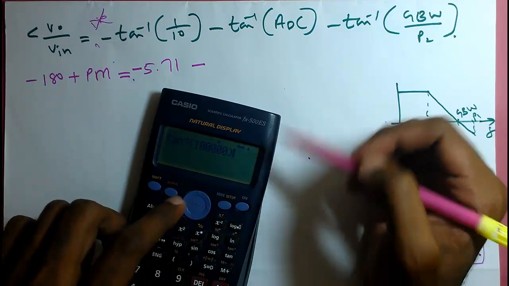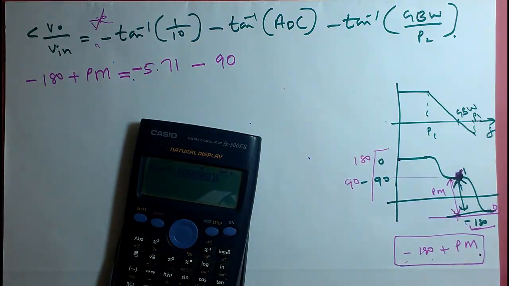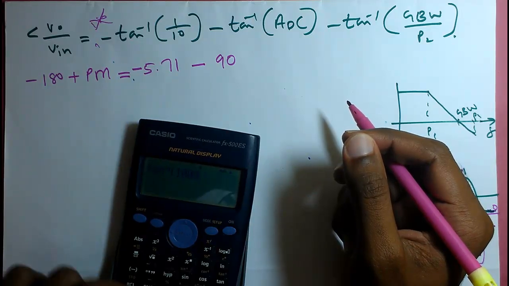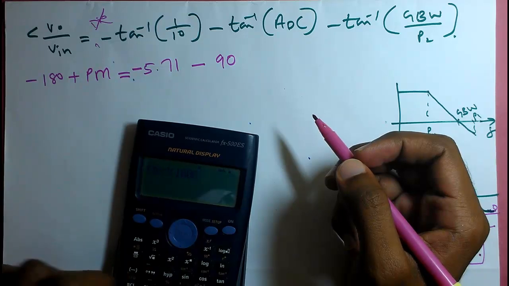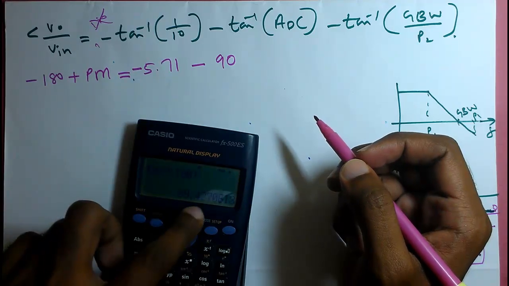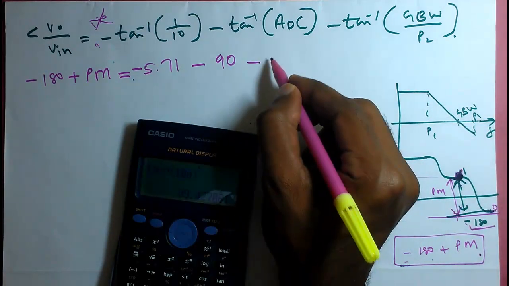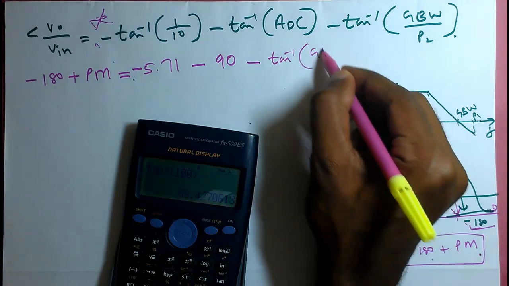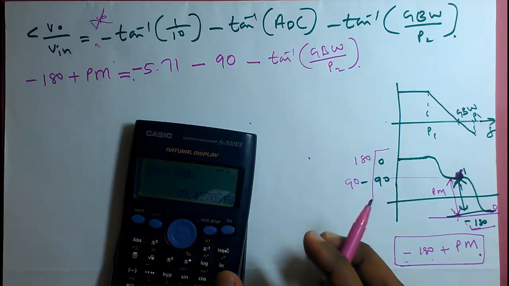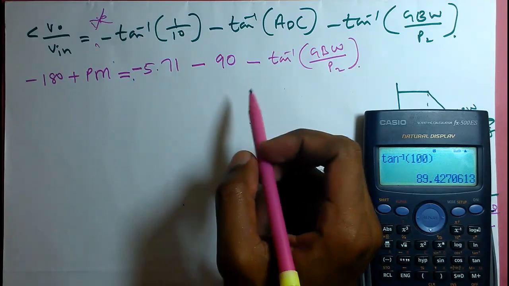So we can assume that the DC gain is a pretty large value and the tan inverse of that is 90 degrees. Even 100 is very low for an op-amp, and it would be 89.42. So you can assume it as 90 in the calculation, minus tan inverse gain bandwidth divided by P2. So we assume this tan inverse of DC gain is 90, and now we can calculate.